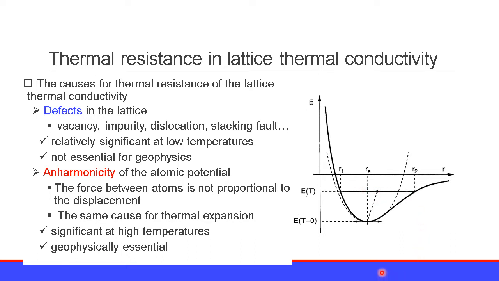Then this unsymmetricity, or deviation from harmonicity, causes the thermal resistance of the lattice thermal conductivity. This effect is important at high temperatures. Therefore, this is essential for geophysics.